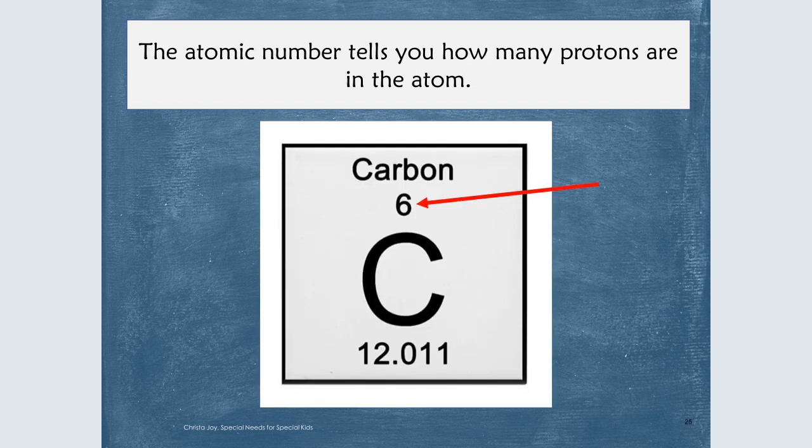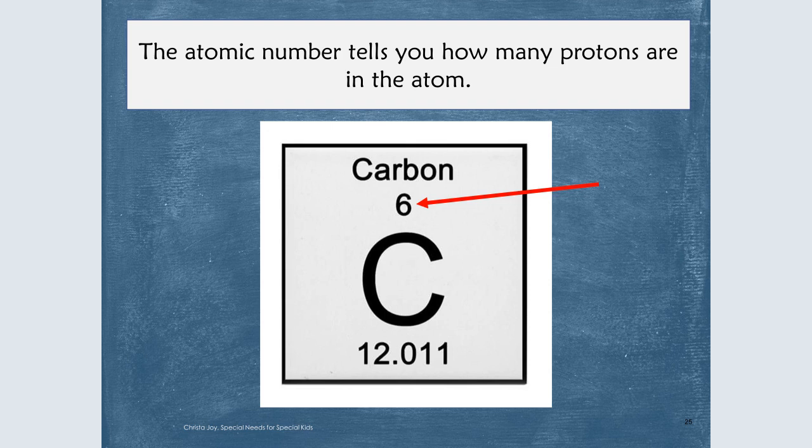Let's look at carbon. The atomic number tells you the number of protons. Carbon, capital C, only has one letter, and it has six protons. I'm just going to put the letter P, a positive charge. We're going to round this off to 12.